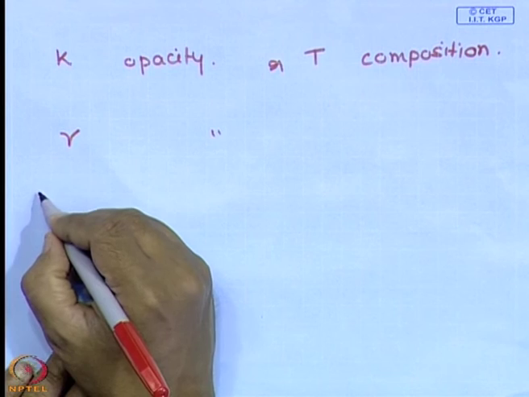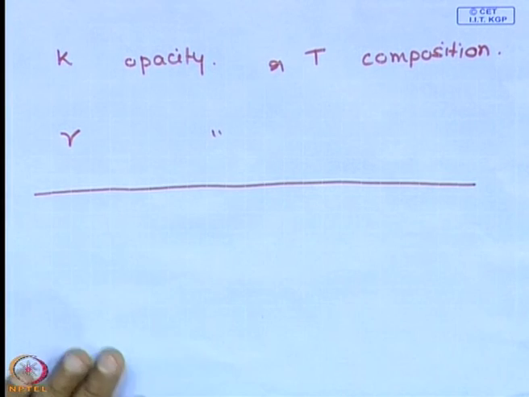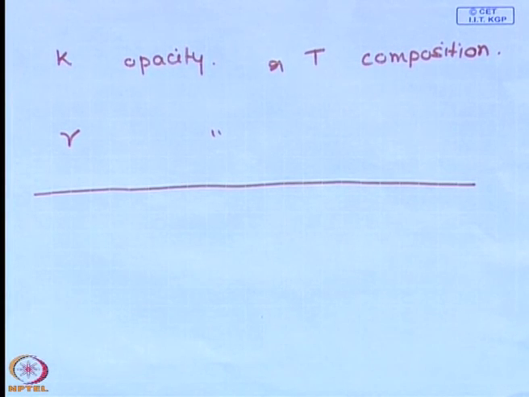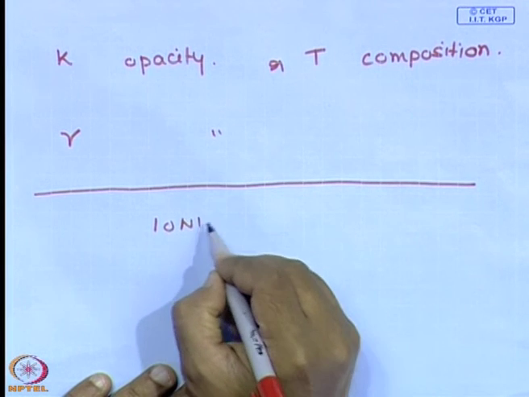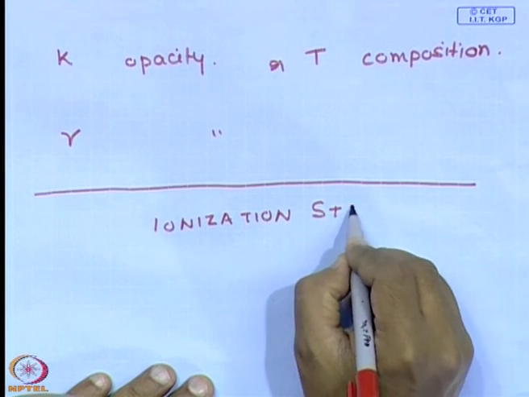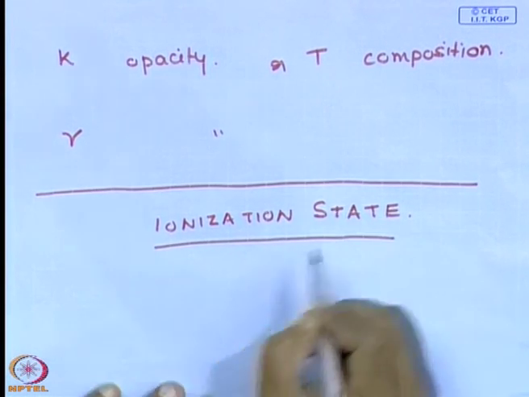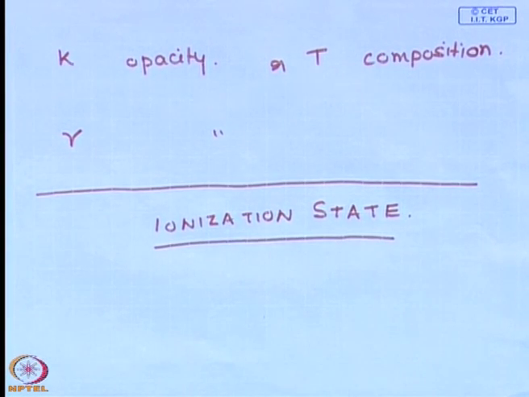In addition to all of these, one also needs to know the ionization state of the gas. One has to solve for this along the star. It is not necessary that all the different components of a star will all be equally ionized at a given temperature and pressure, right.